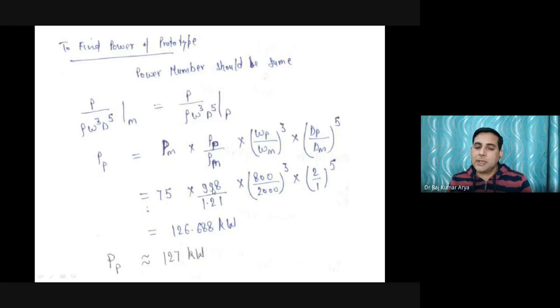Density of the prototype is 998, density of the model is 1.21. Then you have the RPM of the prototype and the RPM of the model, and the diameters of the model and prototype are given. Substitute all of them. You get the power of your prototype, 127 kilowatt.